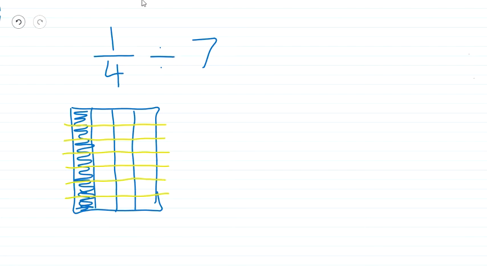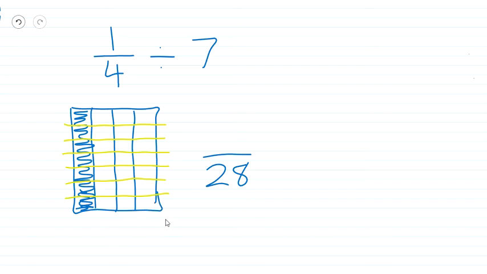So our denominator is going to be 28. Or if you're really good at multiplication, you can just simply do 4 multiplied by 7, which is 28. Okay, so we have our denominator right there.